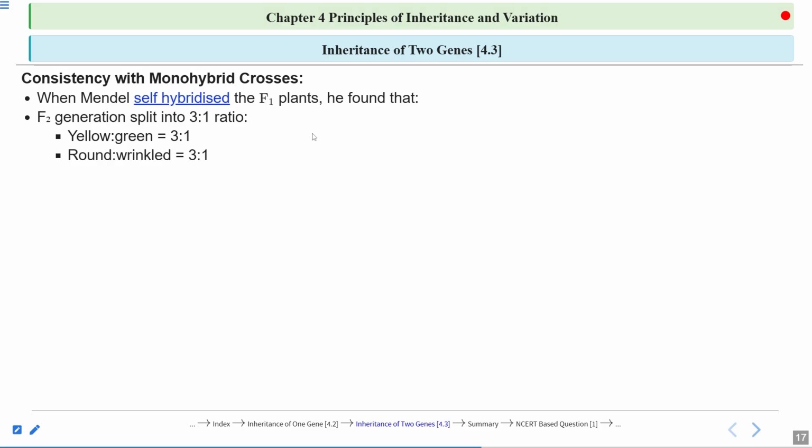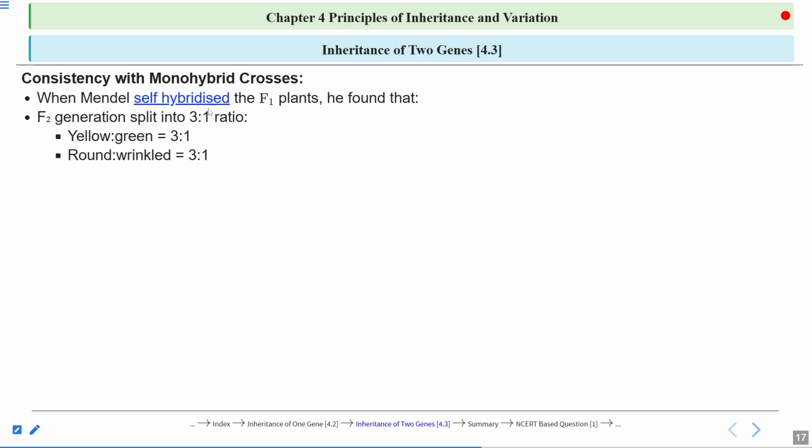He crossed the plant having yellow color seeds with green color seeds, and then separately he crossed the plants having round shaped seeds with wrinkled shaped seeds. And he observed the typical 3:1 ratio in the F2 generation for both cases.